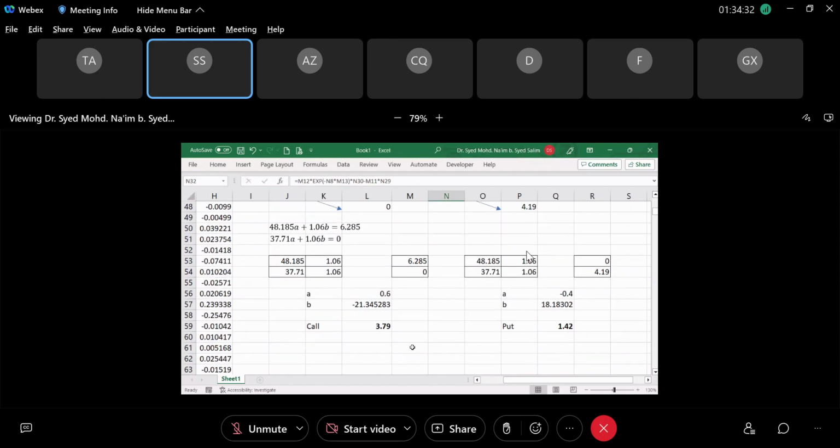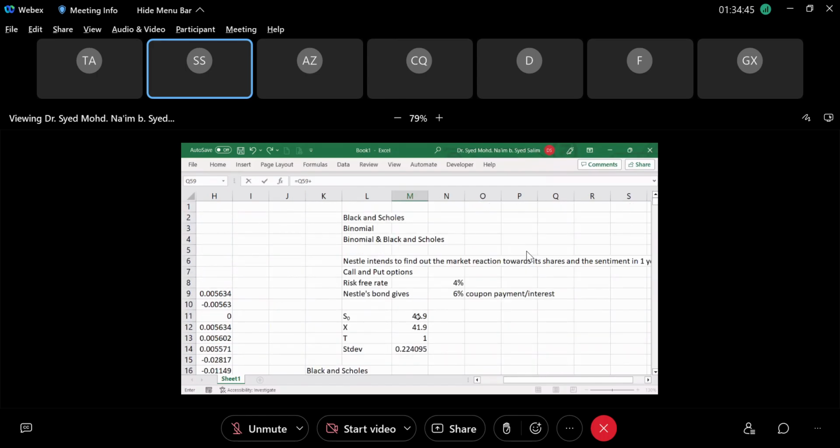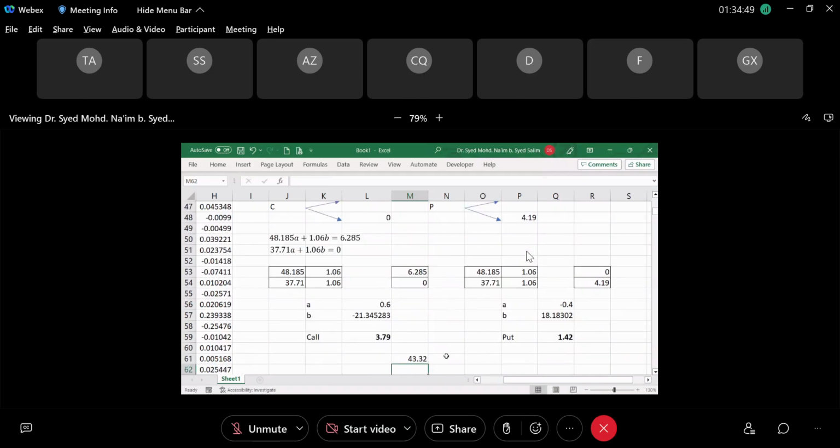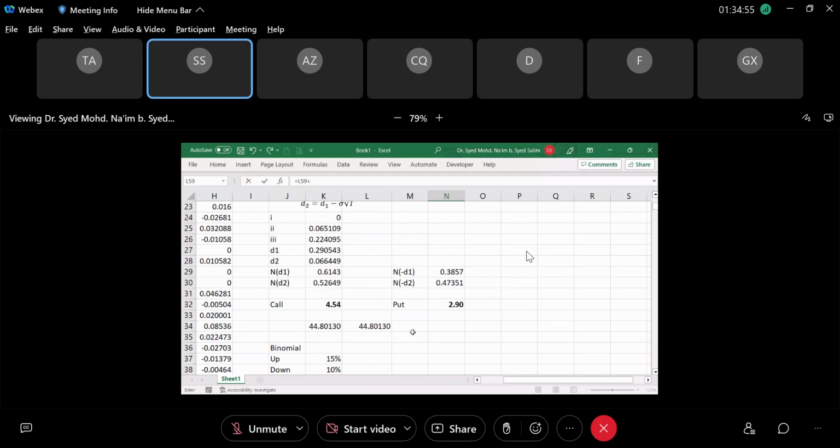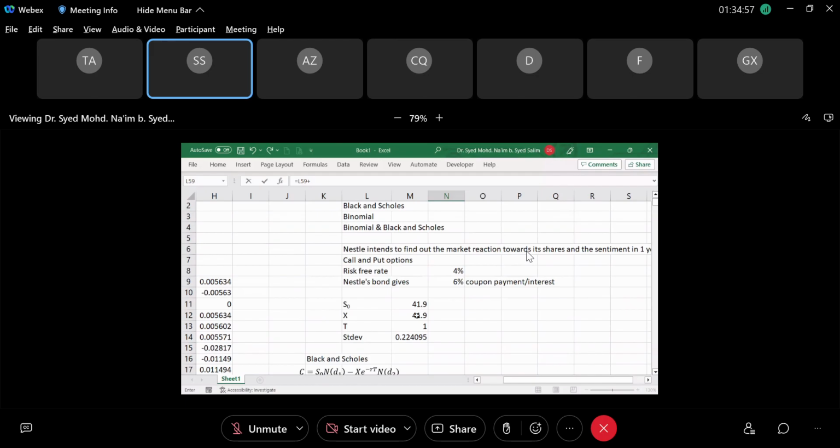Okay, let's check whether we computed this correctly. It's called put-call parity, where put plus spot price must equal call plus the present value of the strike price.